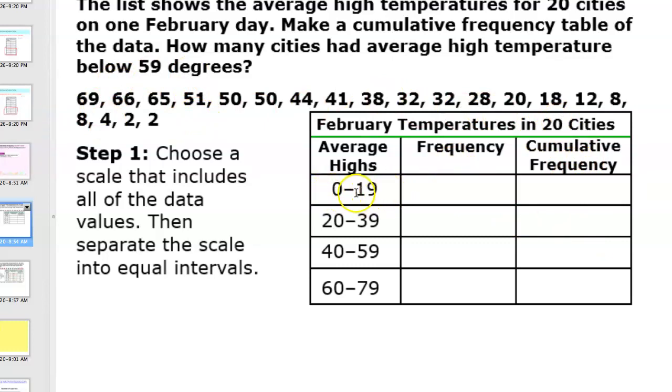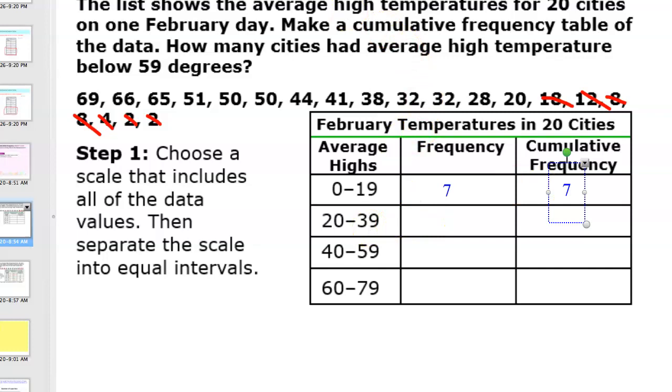Now this one has intervals, which are good frequency tables that we like. We're going to find out how many numbers range between 0 and 19. So let's go ahead and count that. There's 1, 2, 3, 4, 5, 6, 7. So we're going to put the frequency here as 7. So far there are 7 total numbers in our data set.